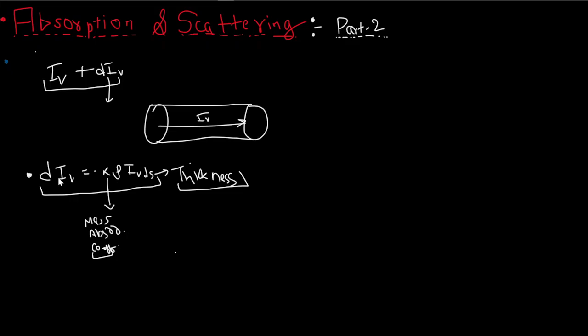But it's not always true that if some radiation goes into the material, all of that energy is absorbed. The energy which seems to be missing can also be redirected and scattered.